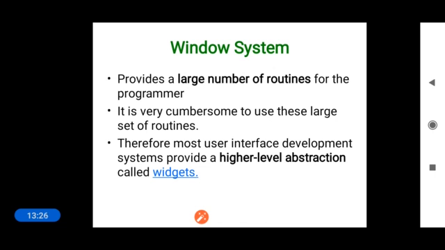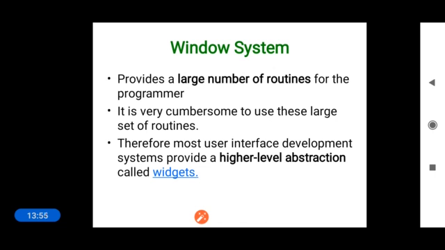So coming to the window system, it provides a large number of routines for the programmer, and it is very cumbersome to use this large set of routines. Therefore, most user interface development systems provide a high level abstraction called widgets. So this window system is also providing high level routines in order to control the behavior of the windows, in order to manipulate the windows.